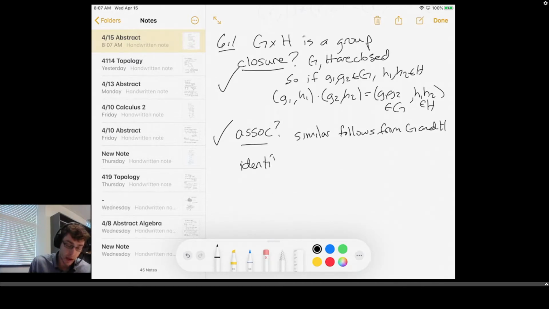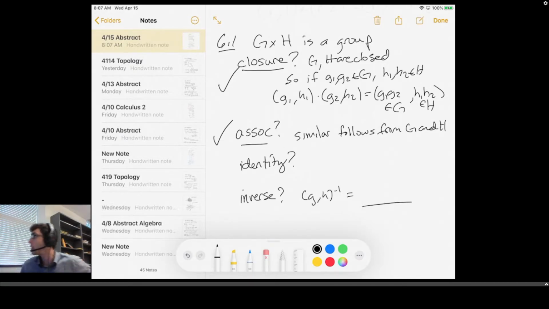What's the identity here? What's our identity element in the product? And if you want to hit me with both, since we've got the little delay, what's the inverse? So GH inverse equals blank, and my identity equals e to the 1.